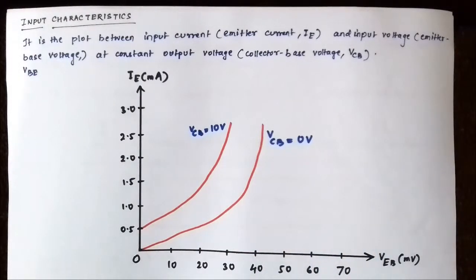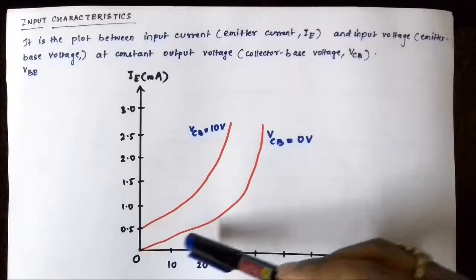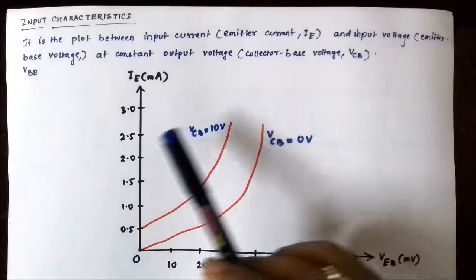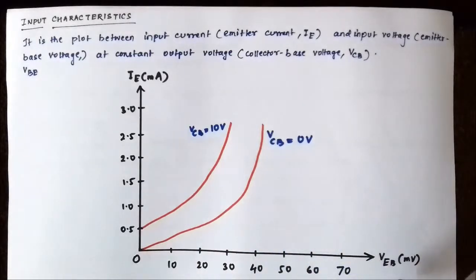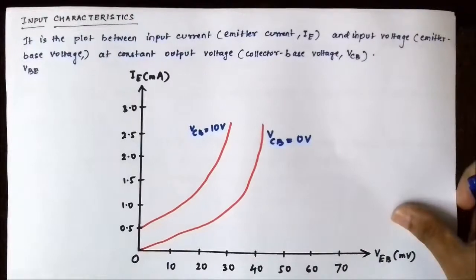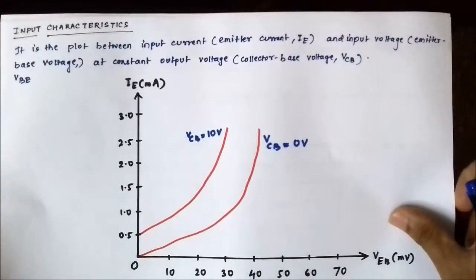So we can say that in a way the emitter current is almost independent of the collector to base voltage, the output voltage. The input current is independent of the output voltage, and the input resistance is very less because the emitter current is increasing very rapidly with respect to variation in the emitter to base voltage. So these are the two key points of the input characteristics.